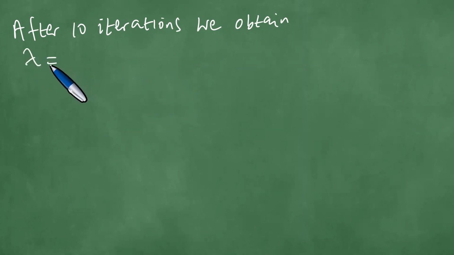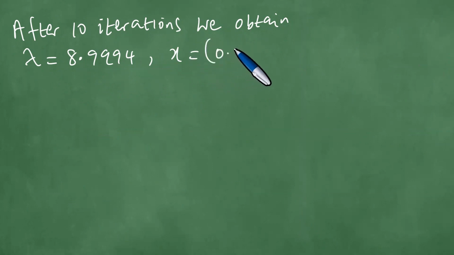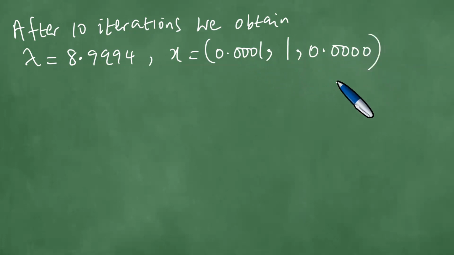But if we were to continue to 10, this is 0.123, 1, 0. Right. So we have this.